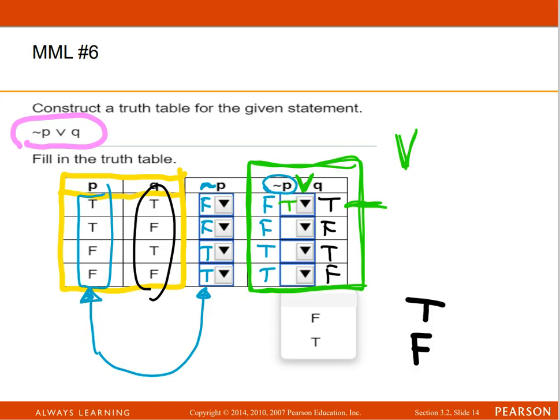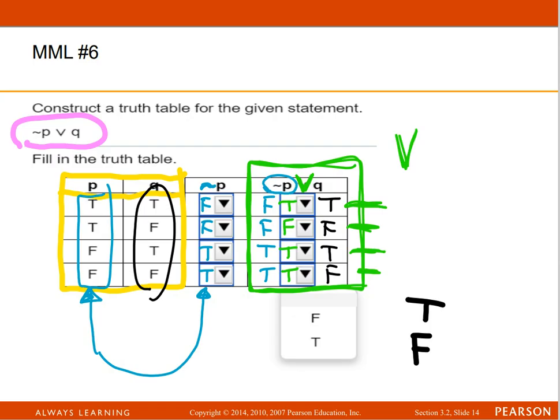That's a true. This one, I have false or false. That is a false. This one, true or true. That's a true. And the last one, true or false. That is also a true. Because on an OR, as long as one of them is true, the whole thing is true. But that second row, I had false or false, so that is a false.